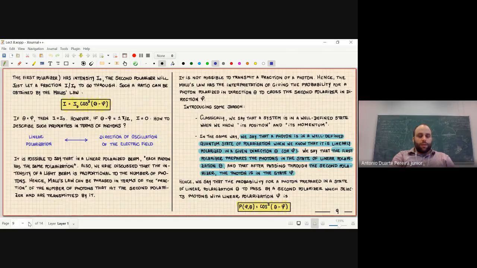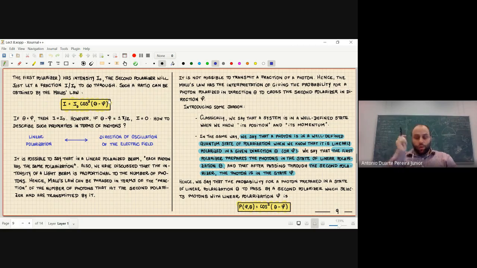The resulting intensity coming out from the second polarizer will be I naught, the intensity of light before crossing the first polarizer, times the square of the cosine of the difference between theta and phi.